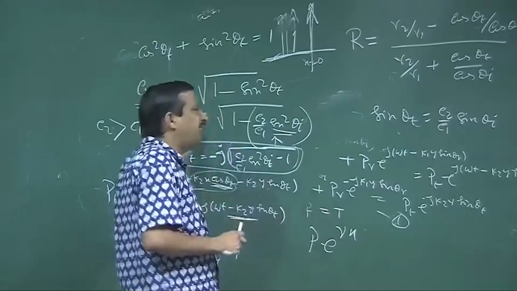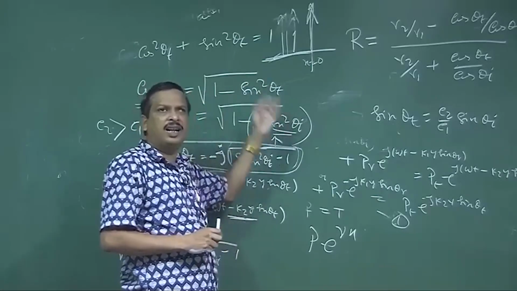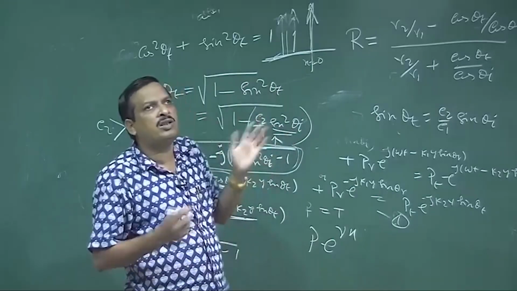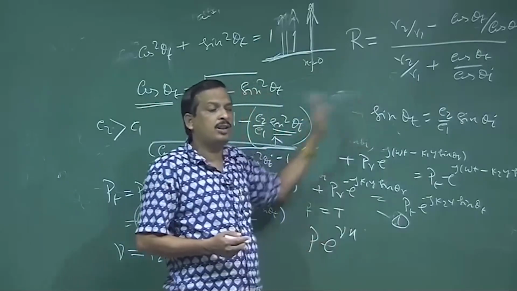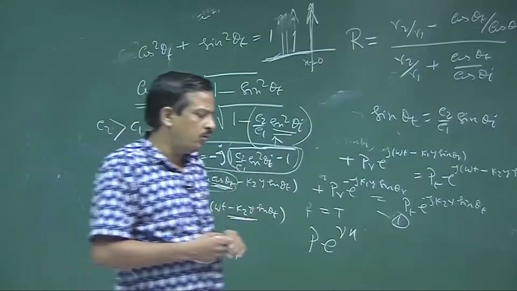In case of oblique incidence, we have calculated the critical angle, we can calculate theta t if we know C1 and C2, and we can calculate both the reflection coefficient and the transmission coefficient. So, oblique incidence you can also do.